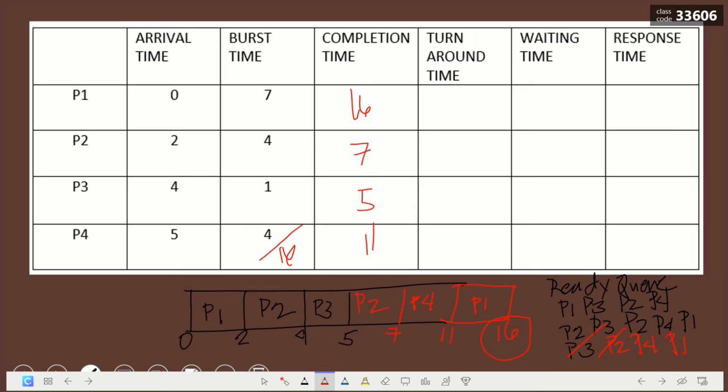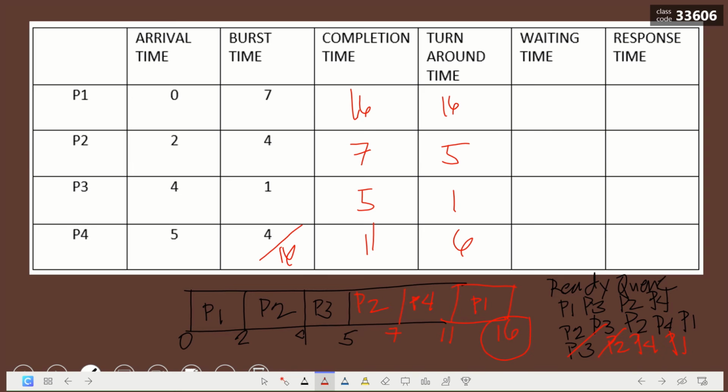Now, to get the turnaround time, the formula is completion time minus the arrival time. So, 16 minus 0 is 16. And then, 7 minus 2 is 5. Then, 5 minus 4 is 1. Then, 11 minus 5 is 6.